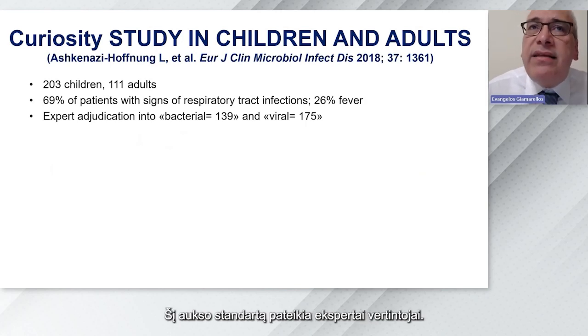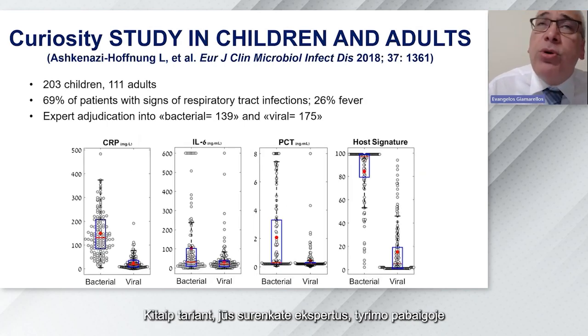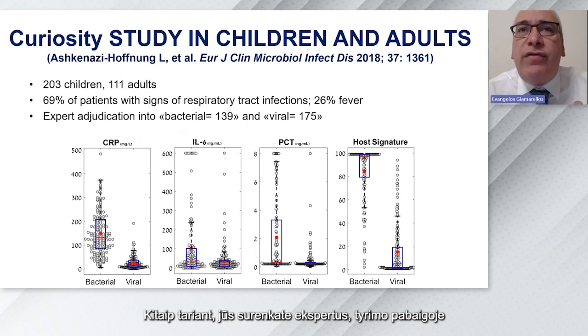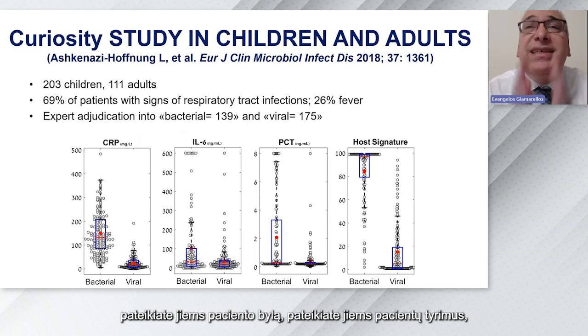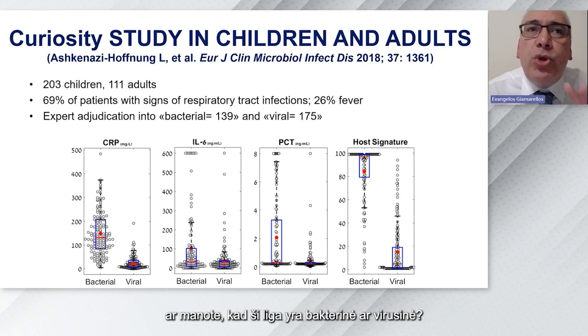And this gold standard is provided by expert adjudicators. In other terms, you collect experts. At the end of the trial, you give them the file of the patient, with the exams of the patient, with the exception of the test that you want to validate and evaluate. And you ask them, do you believe that this is bacterial or viral?